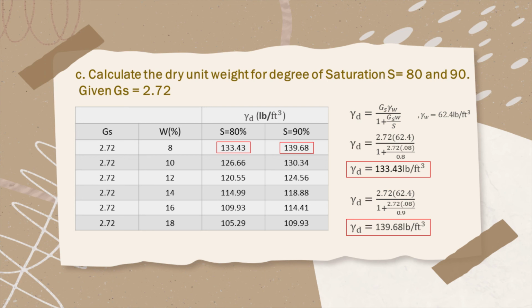Water content for 10%, that would be 130.34. For 12%, 124.56. For 14%, that is 118.88. For 16%, that is 114.41. And for 18%, that is 109.93. So this is all about the unit weight for the degree of saturation S equal to 80 and 90% and specific gravity of solid of 2.72. That's all. Thank you.